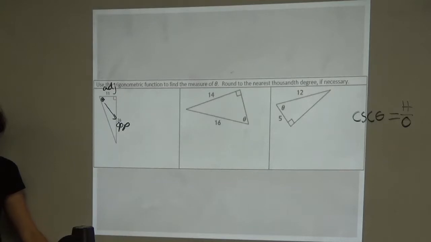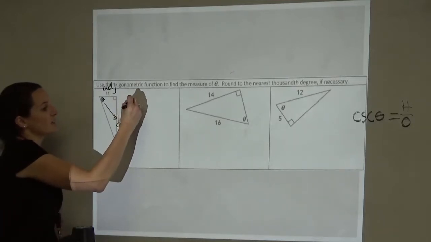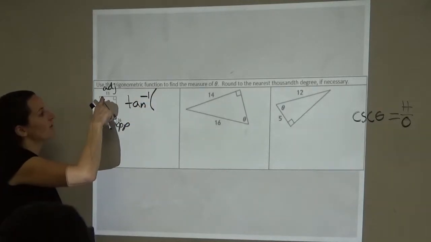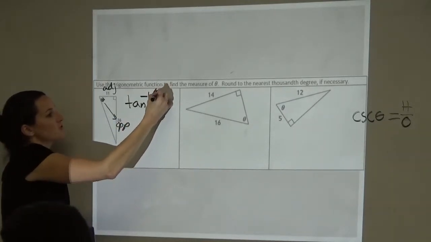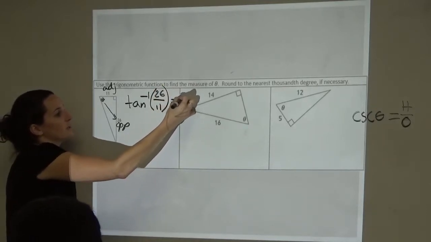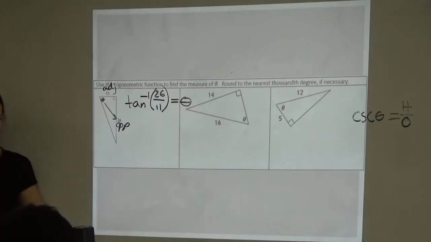Johnny, you got the trig function? Tangent. And because we're solving for theta, not regular tangent, but what? Inverse tangent. Plug in opposite over adjacent. Opposite is 26 over adjacent is 11, and that will be equal to theta, which is what we're solving for.